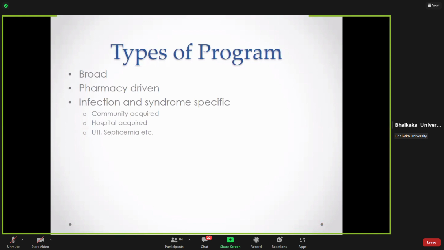The third and the most effective way of implementing antibiotic stewardship is infection and syndrome specific stewardship, where we classify the infections as community acquired infection, hospital acquired infection, or some syndrome like UTI, urinary tract infection, septicemia, pneumonia, surgical site infection, wound infection.